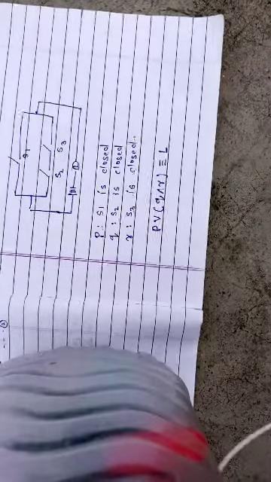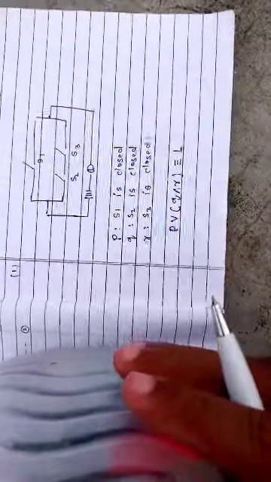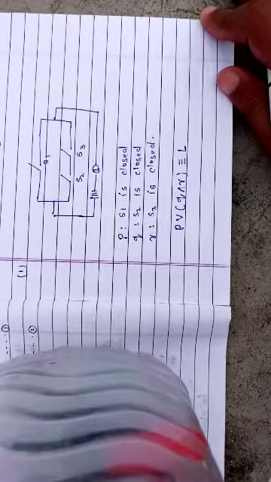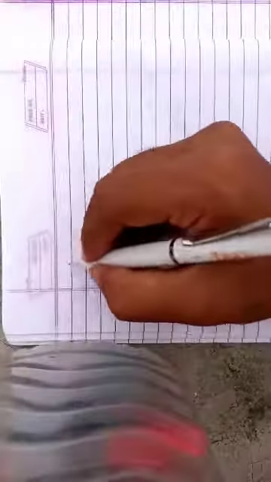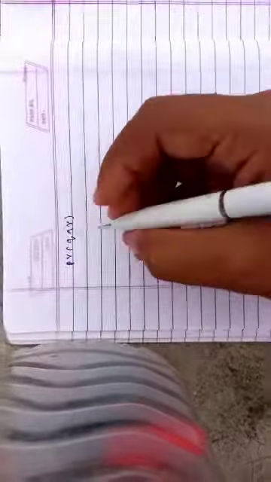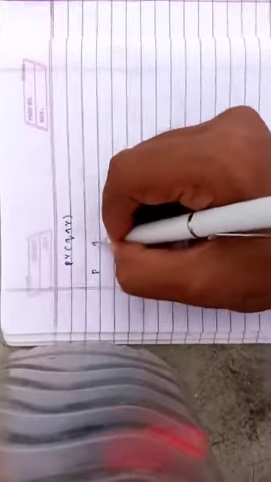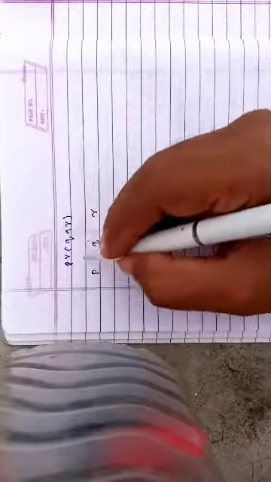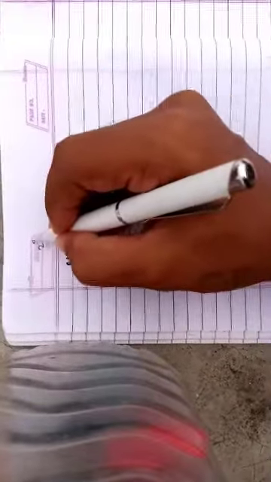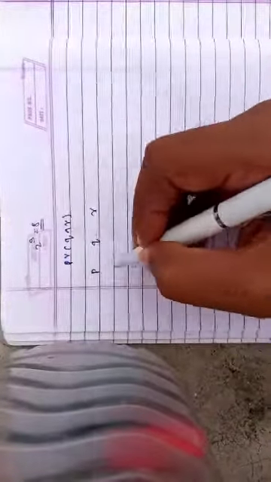Now we will see the input output table or switching table, to draw the switching table of P or Q and R. So first you will write P, Q and R. Now we have three statements, 1 2 3, so 2 raised to 3 will give you 8. That means we have 8 rows.